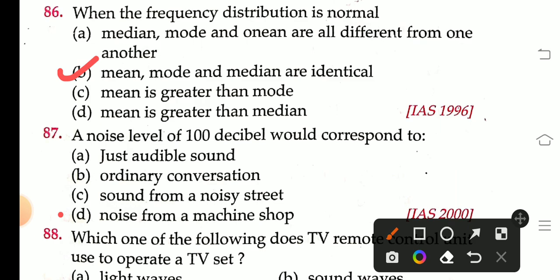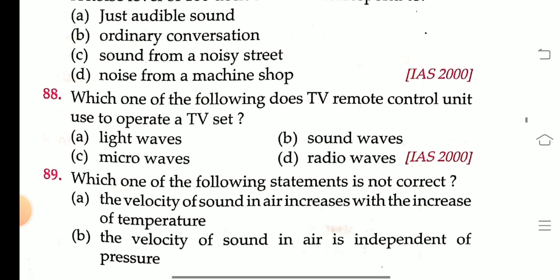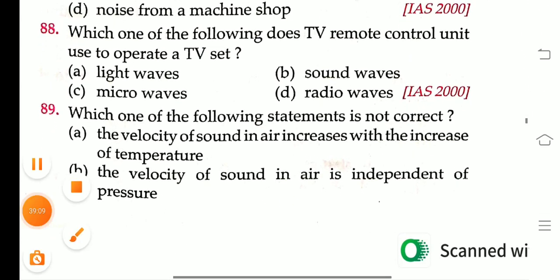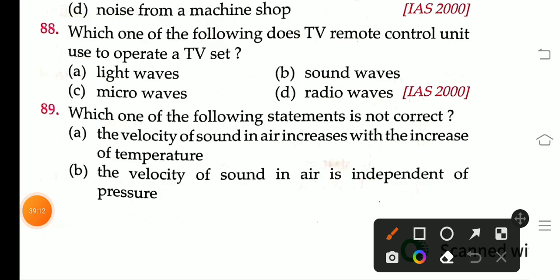That is option D. Next, which one of the following does a TV remote control unit use to operate a TV set? Right answer option D, radio wave.